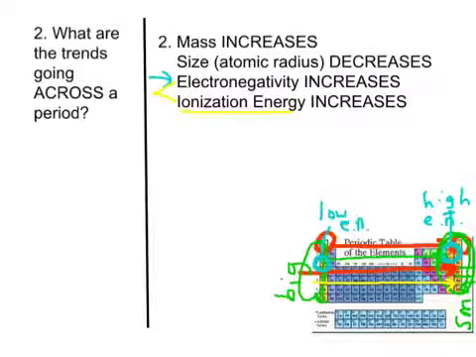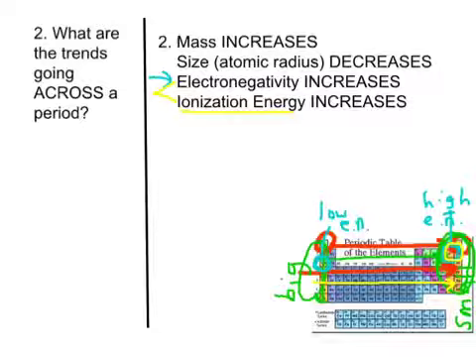Remember, ionization energy is the energy it takes to take away an electron from an atom. Well, if atoms are holding their electrons very close because they have a strong attraction for electrons, that means it's going to be really hard to strip them away. So ionization energy is going to increase.